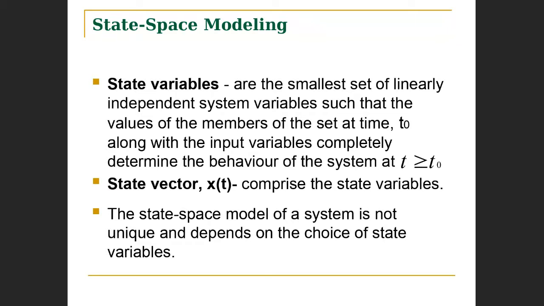Now back to our definition for the state variable. It says it is the smallest set of linearly independent what? System variables. Again, let me step back from this definition and give you a scenario. It is not uncommon for us to make judgments of a person's response.